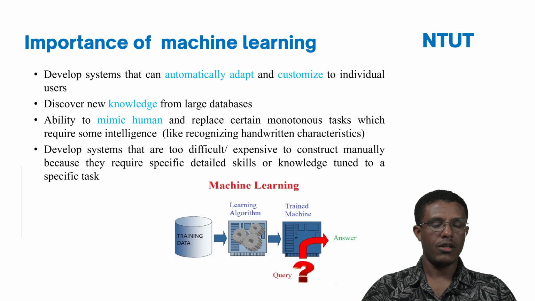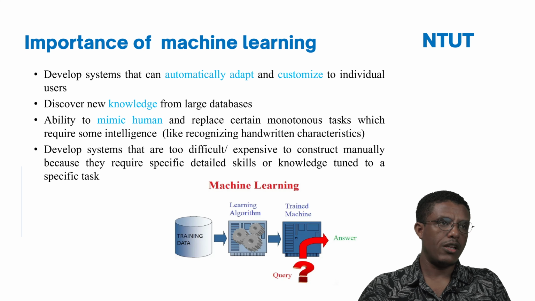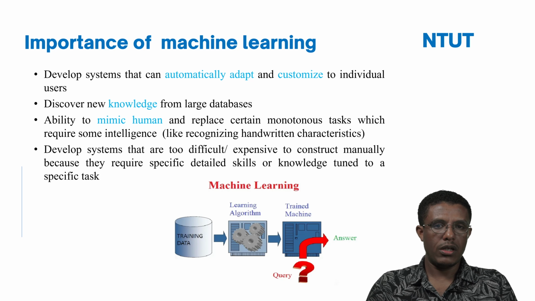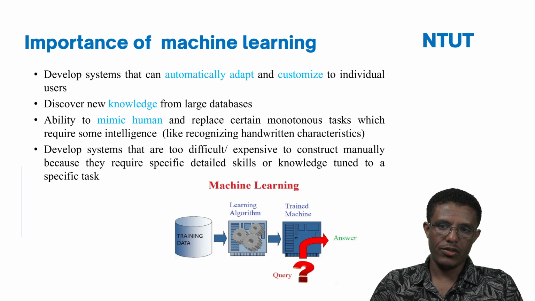That means it automatically adapts and customizes. Another one is discovering new knowledge from large databases. When we give millions of data points, instead of 10,000 or 100,000, the model discovers and understands knowledge from the databases.